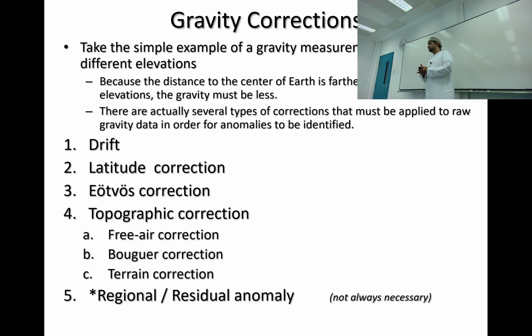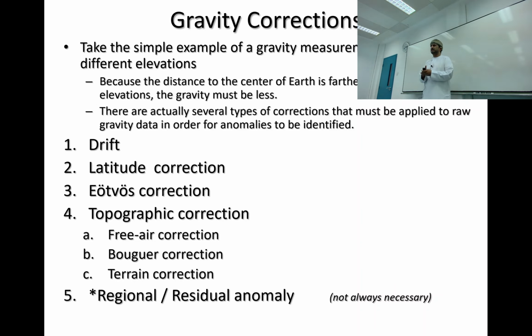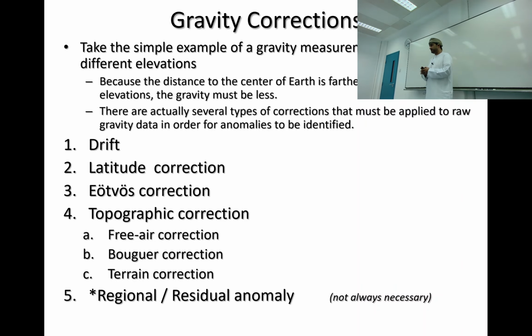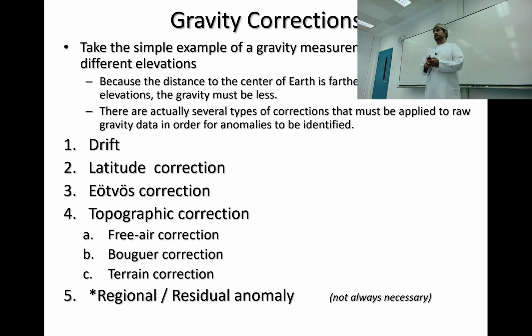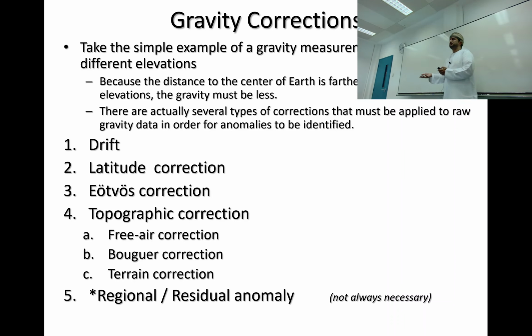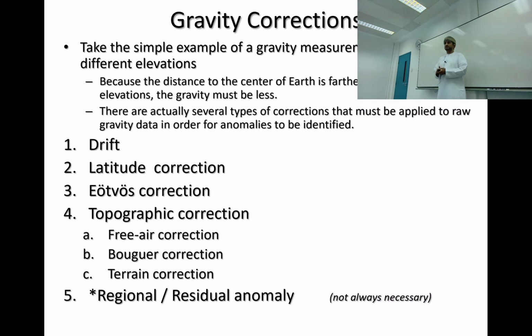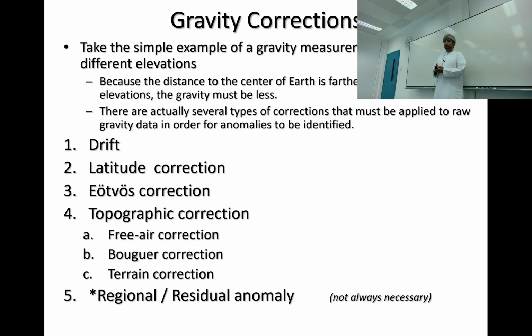They usually provide somewhat precise XY location coordinates, easting and northing, whereas the most difficult to measure is elevation. There are a lot of errors in elevation measurements. Even handheld GPS is not that precise. The error is almost like 10 meters, 50 meters. We use some kind of GPS we call differential GPS.